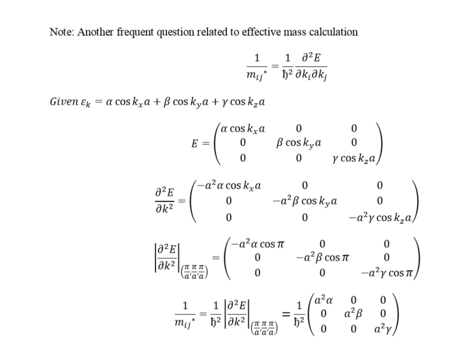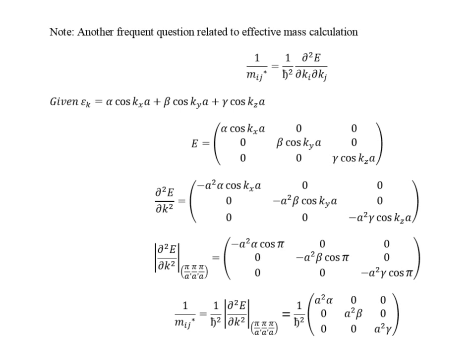Now differentiating 2 times with respect to k, that is the x component should be differentiated with respect to kx, y component with respect to ky, and z component with respect to kz, we get dou square E by dou k square is equal to minus a square alpha cos kxa, minus a square beta cos kya, minus a square gamma cos kza.